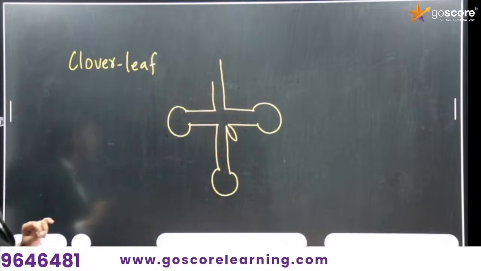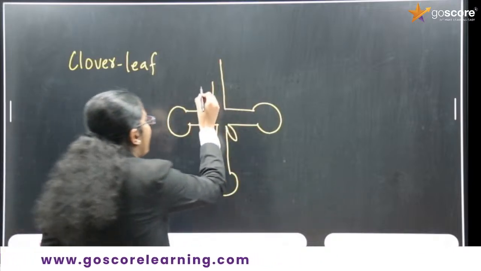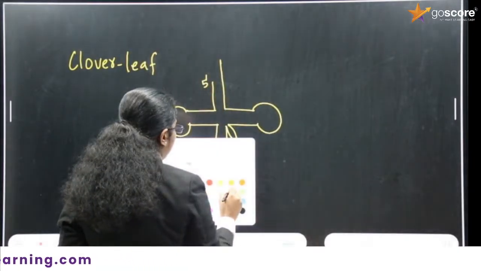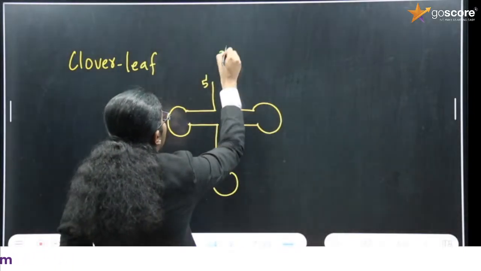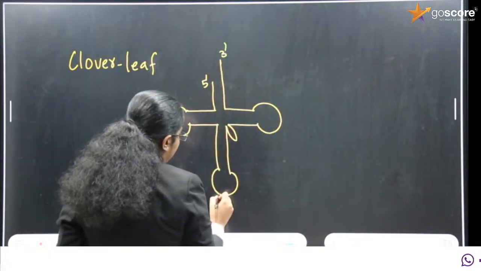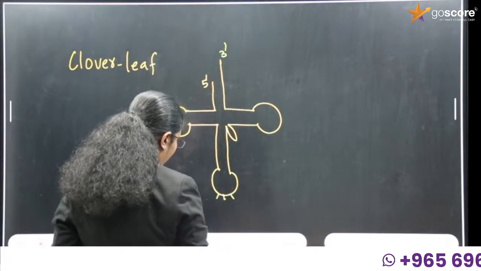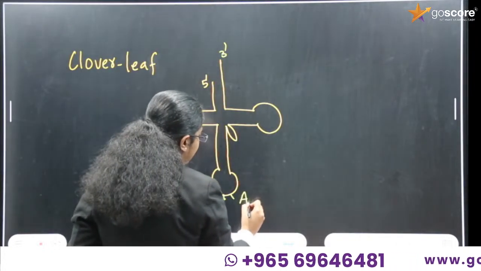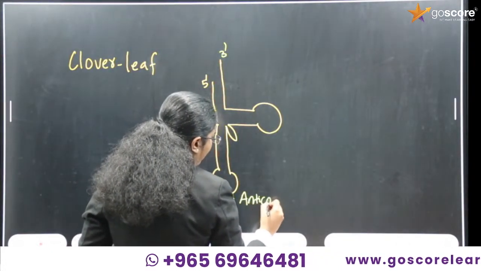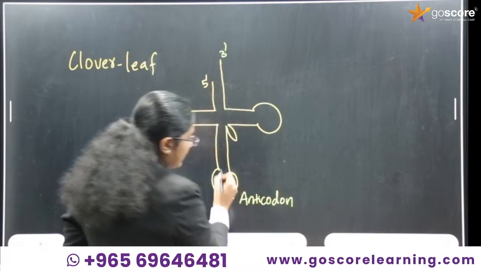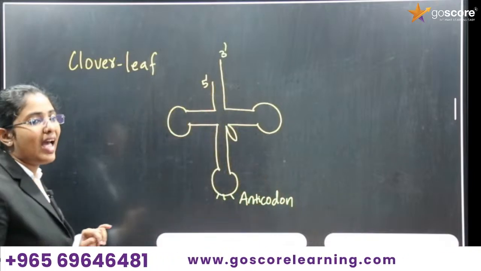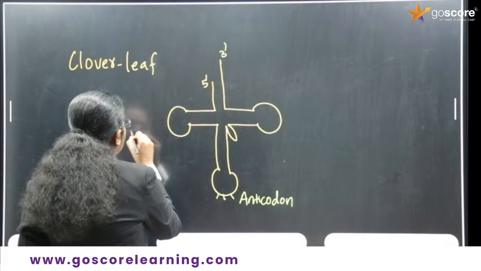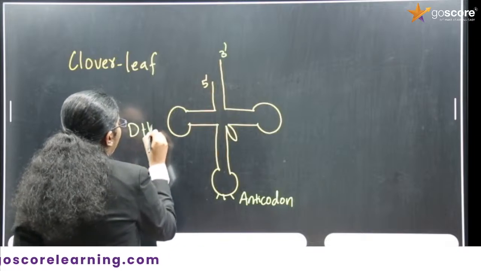It has a 5 prime end and a 3 prime end, and it has an anticodon loop. We will call this site the anticodon loop. This is a loop structure, right? Then this site is DHU.